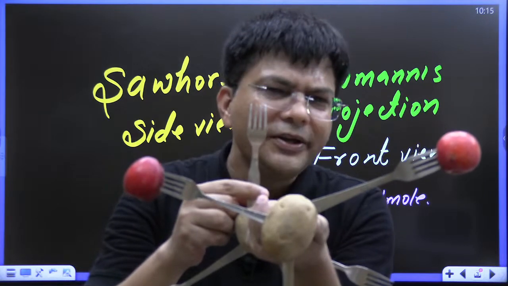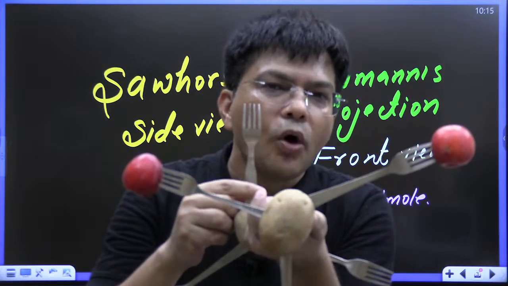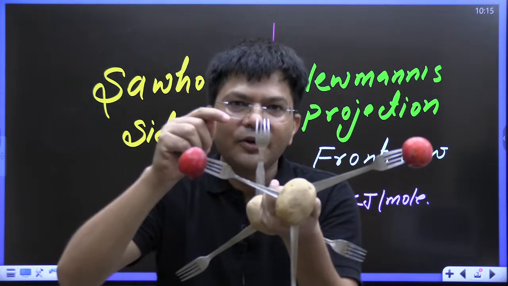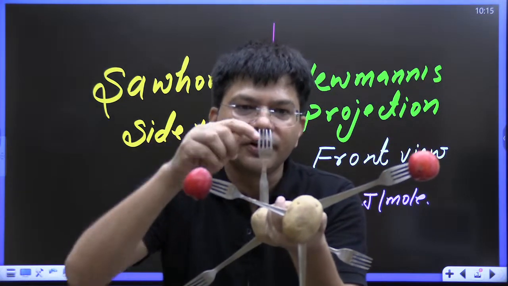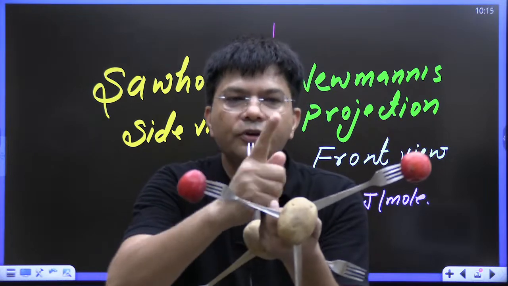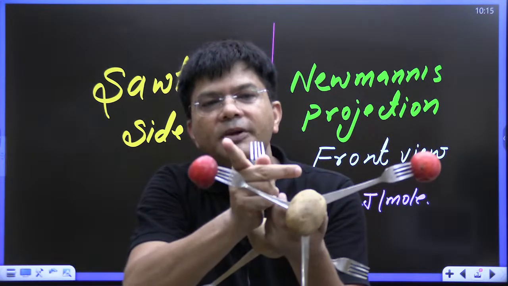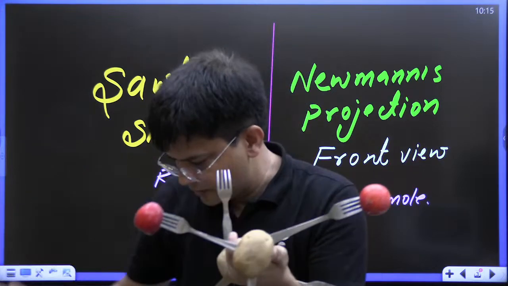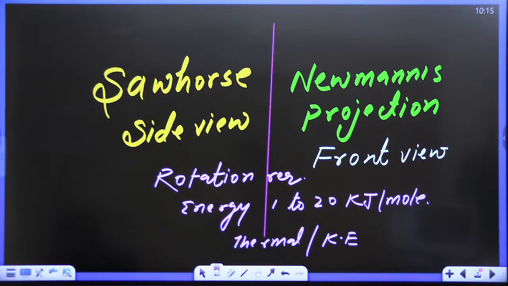This is going to be the most stable configuration. Why? Because these hydrogens are far away from each other. If I place this hydrogen over here, what is the angle in between these two?